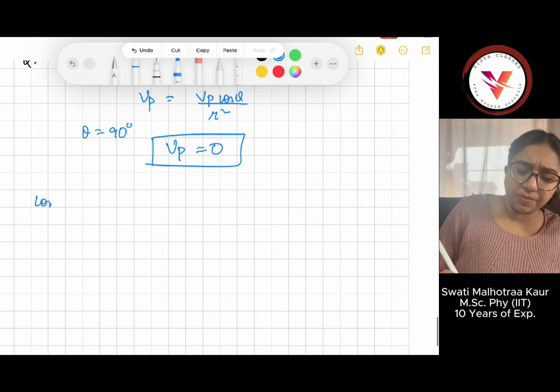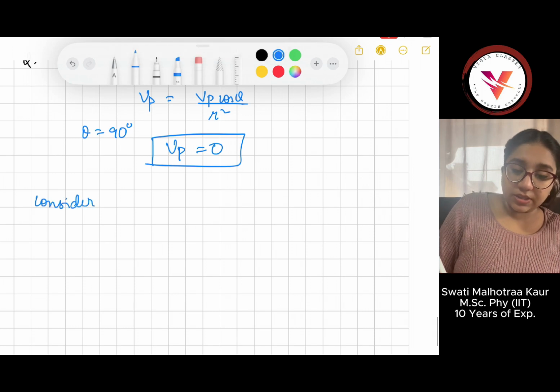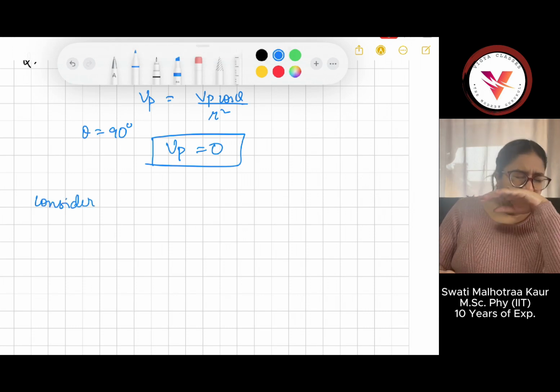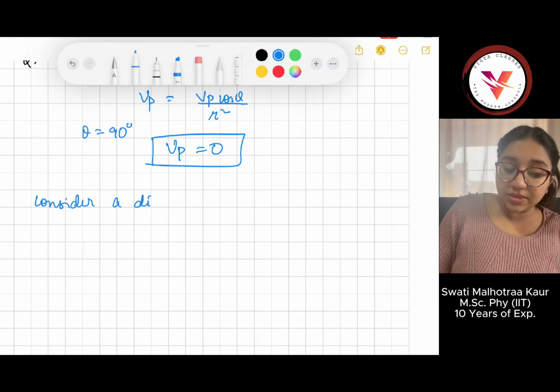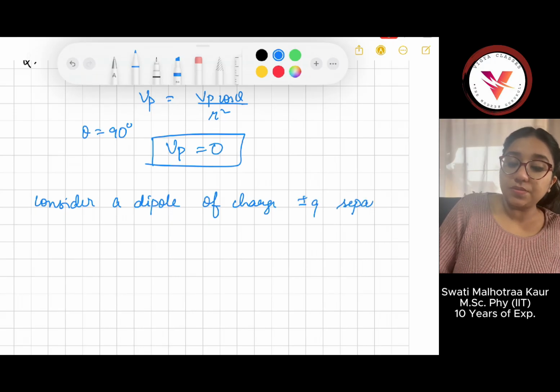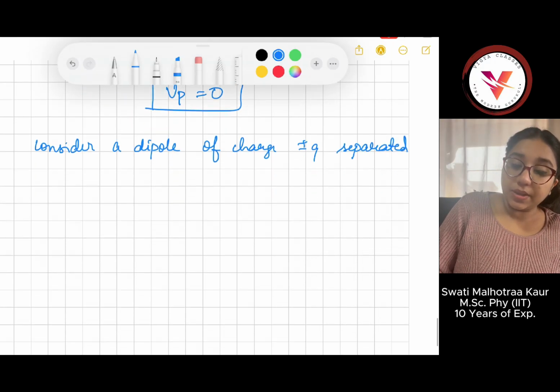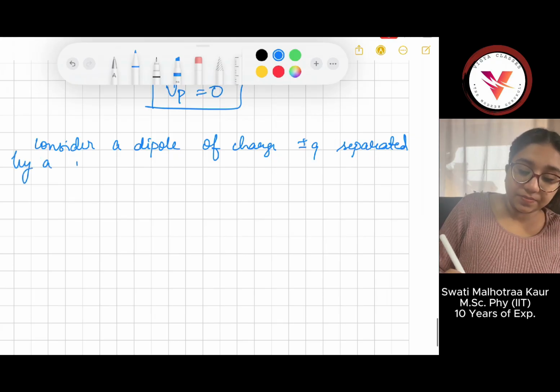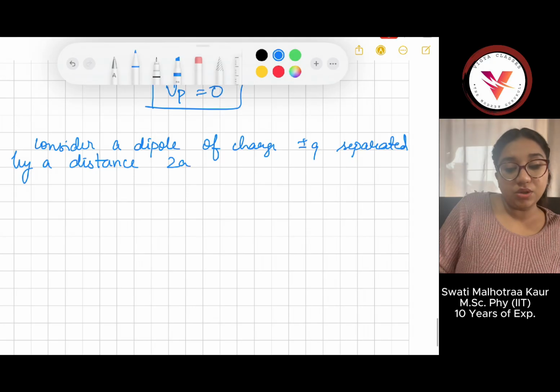So for the derivative part, consider a dipole of charge plus minus Q separated by a distance 2a.